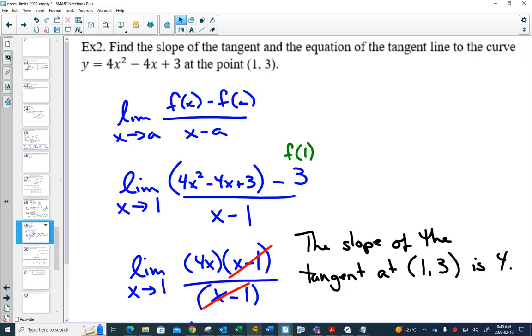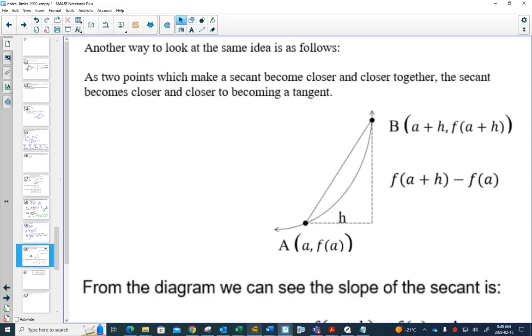Now, today, we are doing the same thing, but using a different idea. The different idea this time is instead of taking a point x and a point a, we instead introduce this horizontal distance as h.